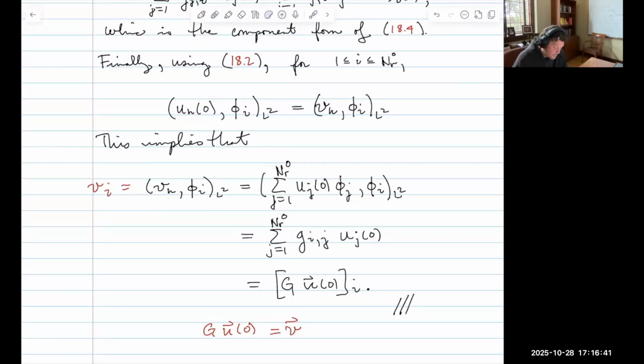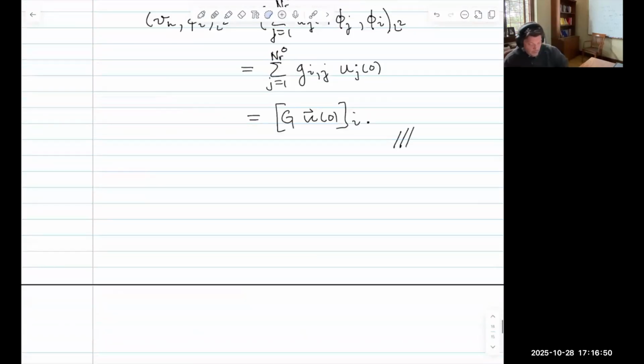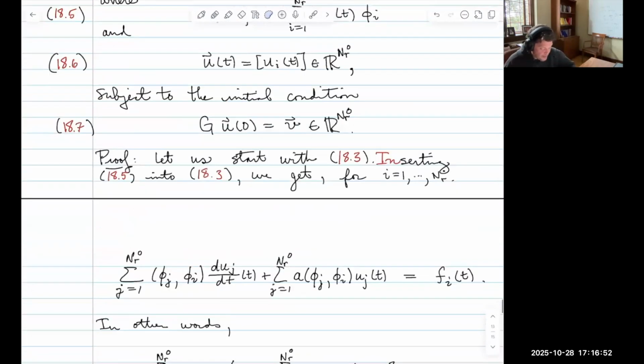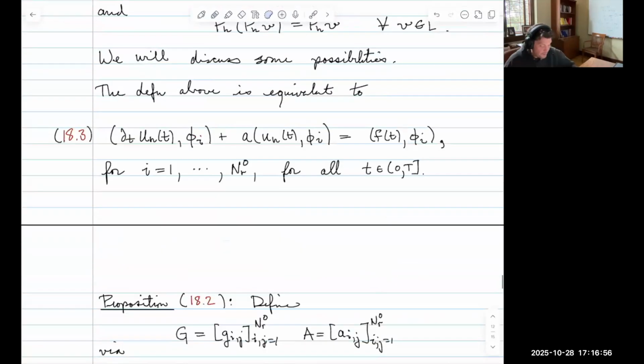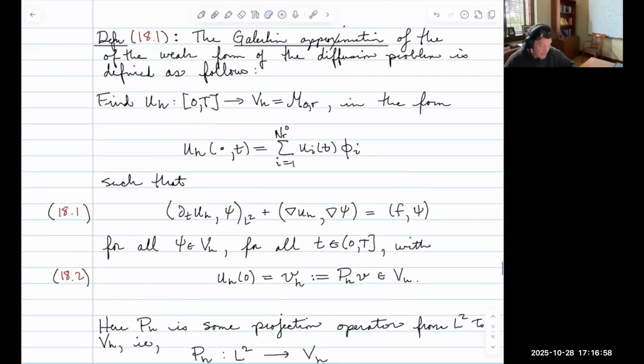So I can erase that, we're done. And that's it, there's nothing more. So let's review what we started with. We started with a definition that may or may not have made sense. So we said, let's do the Galerkin approximation of the problem in this way.